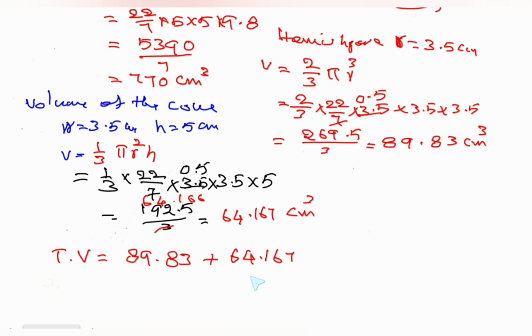Taking 2 decimals, we will get 153.9, that means 154 centimeter cube.